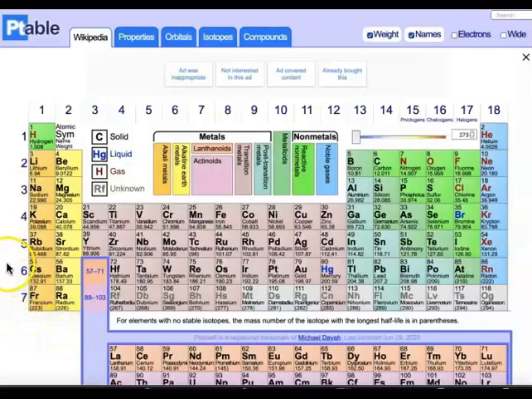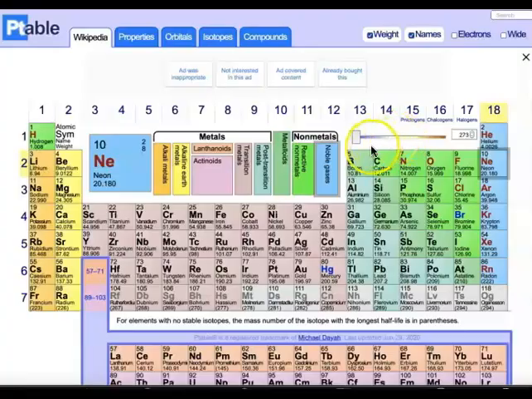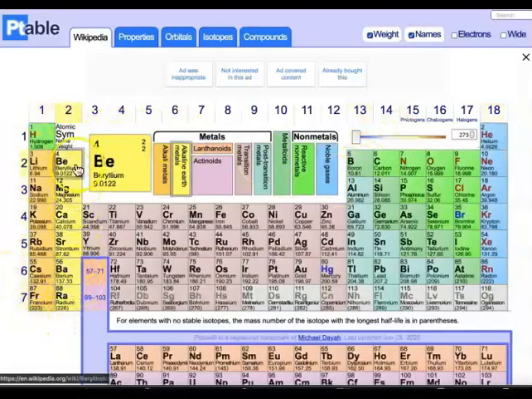The main group, or sometimes called representative elements, which I think might be what your book calls them, are anything except for the transition metals and the actinides and the lanthanides. So for instance, these are all main group or representative elements because they are not in the transition metal region. These also are considered representative elements.